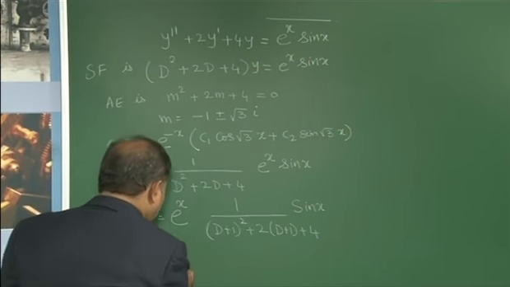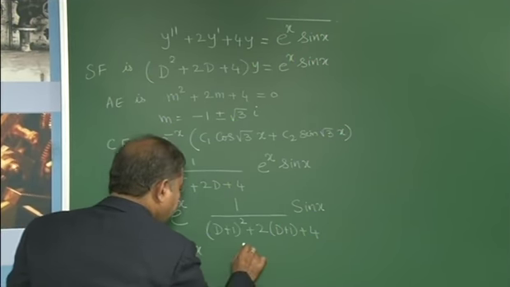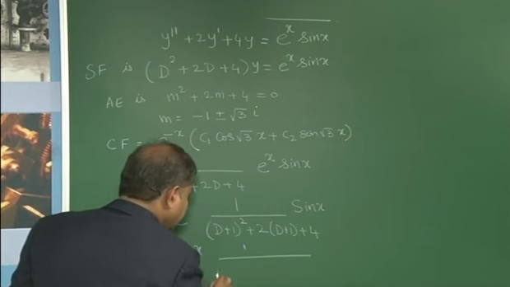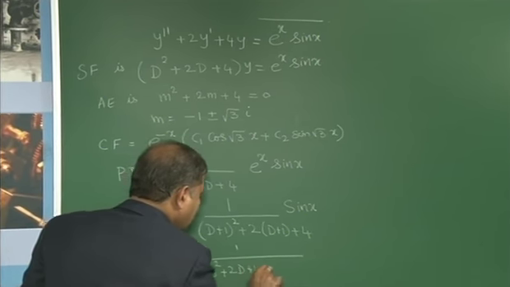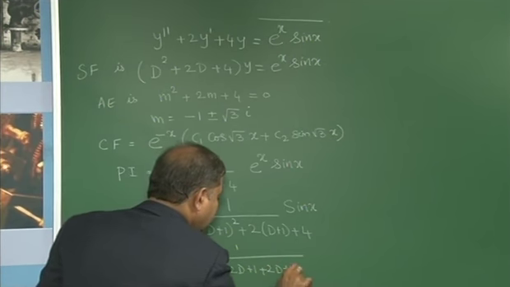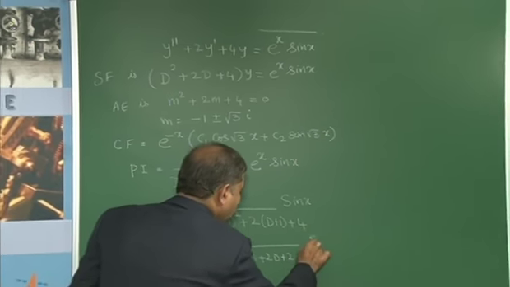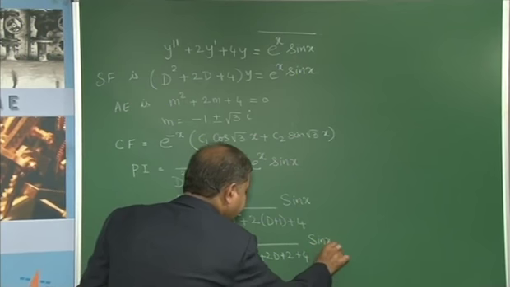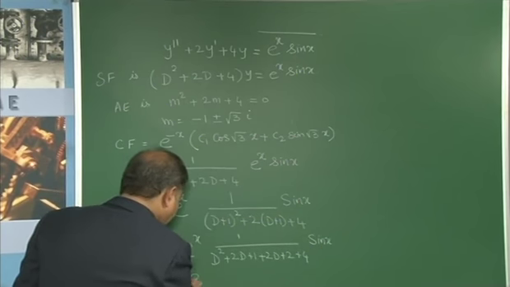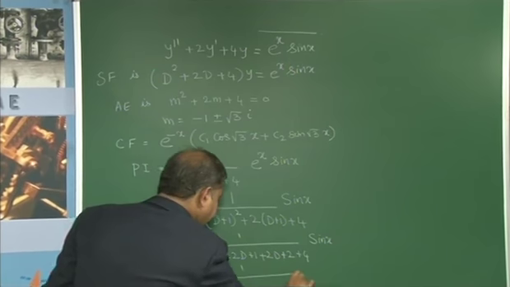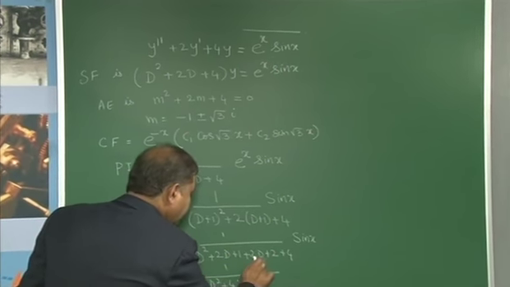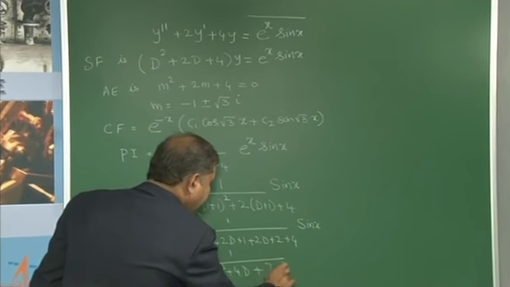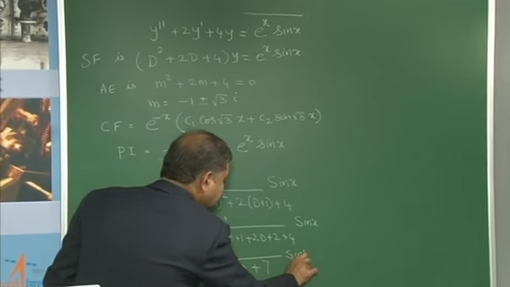So e power x, let me simplify it, D squared plus 2D plus 1 plus 2D plus 2 plus 4, sin x. So e power x, 1 by (D squared plus 4D plus 7) into sin x.